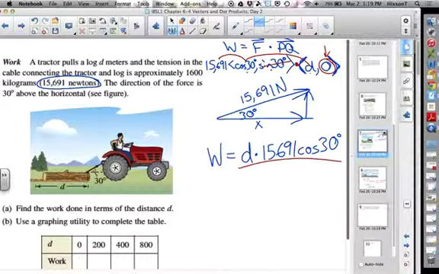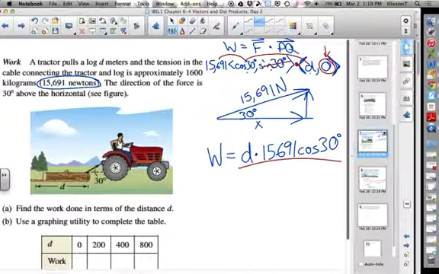If we pulled it 200 meters along and then 4 meters up, we would have to use this dot product more carefully because it wouldn't be 0 here. So we'd have one more term, plus sine of 30 times whatever that was.